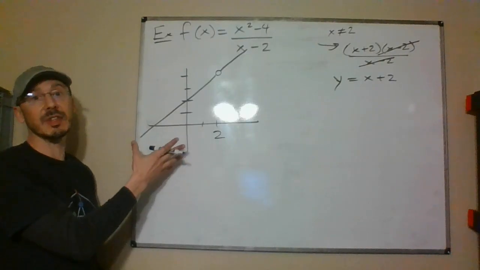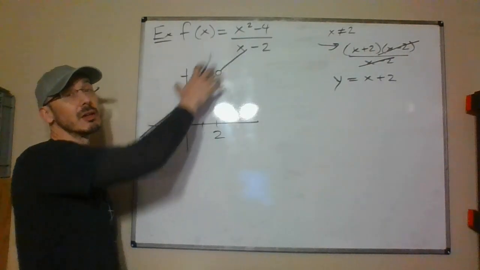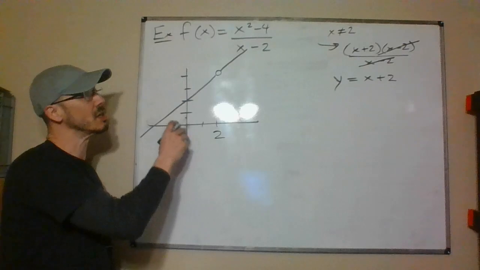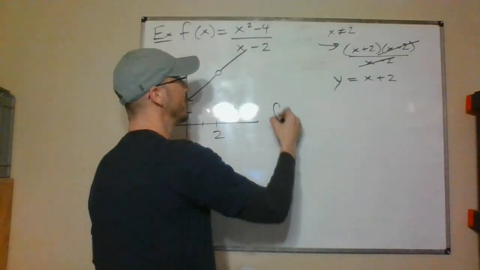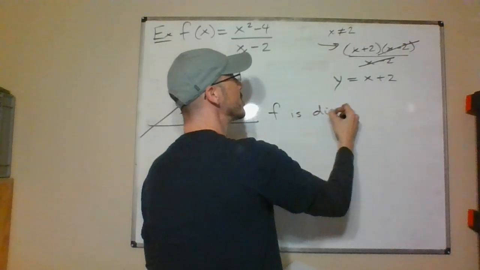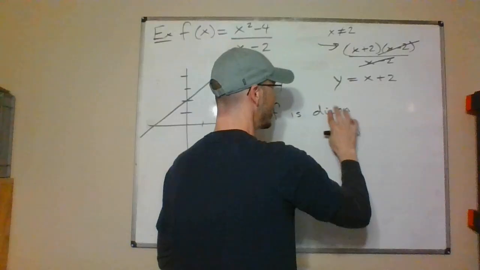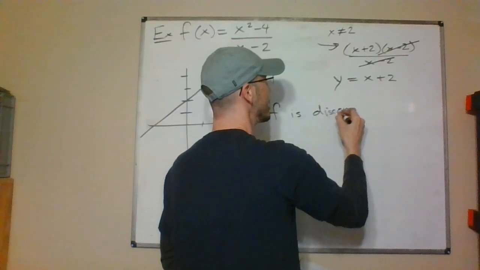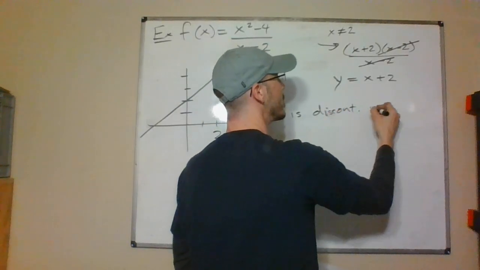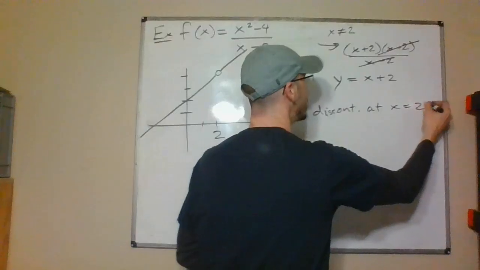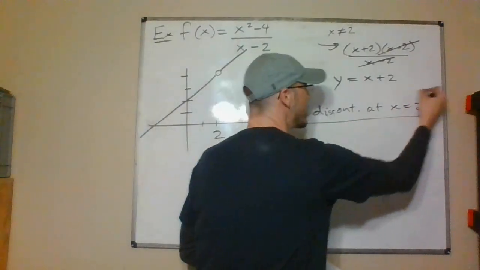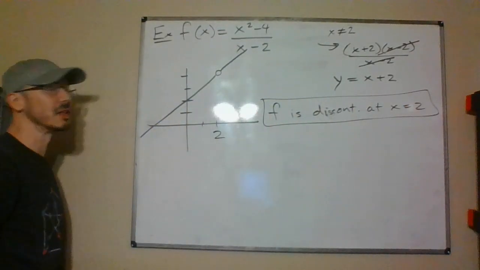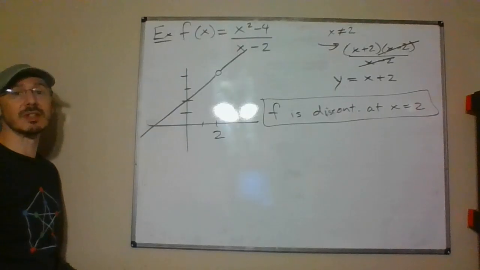And with this graph, and knowing that we can't use the number 2, we can see that f is discontinuous at x equals 2. I guess that's part of an answer to this. The other thing is, what kind of discontinuity is it?